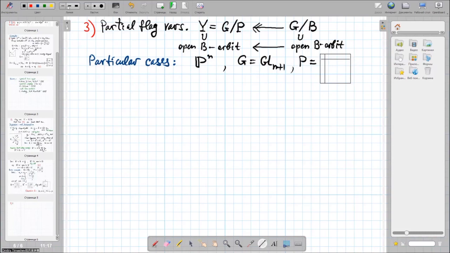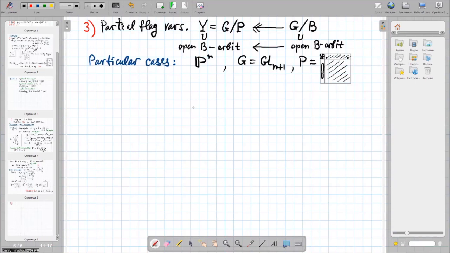You have something in here, zeros in the first column except for the upper element, and something in here. This is a parabolic subgroup, which is a stabilizer of a point in the projective space.